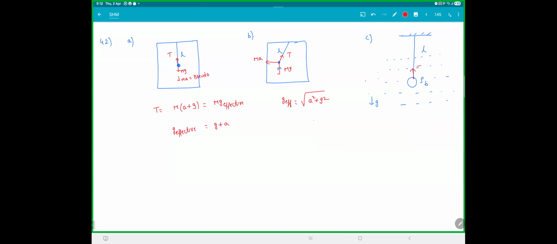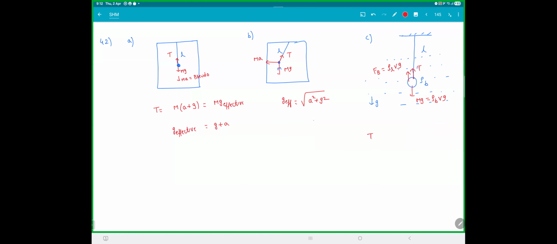Here we have tension. We have mg, which is rho B Vg. This is your buoyant force, which is rho liquid Vg. So here the tension will be rho B minus rho L, Vg. And you want to write this thing as m into G effective.